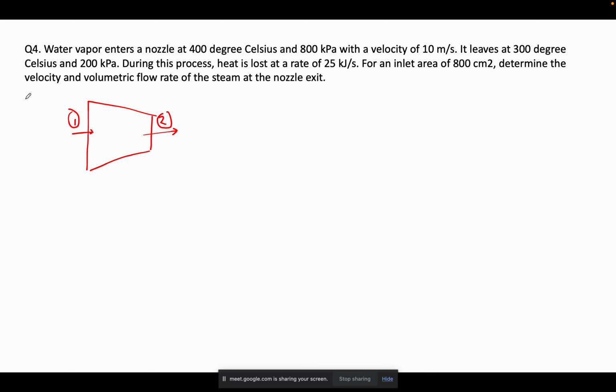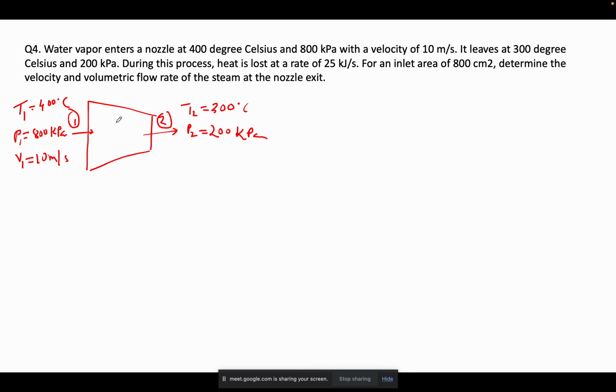So what we are given is that T1 is equal to 400 degrees Celsius, and P1 is given as 800 kilopascal, then velocity at this point is 10 meters per second. Then it leaves at 300 degrees Celsius, so T2 is given to us as 300 degrees Celsius, and P2 is given as 200 kilopascal.